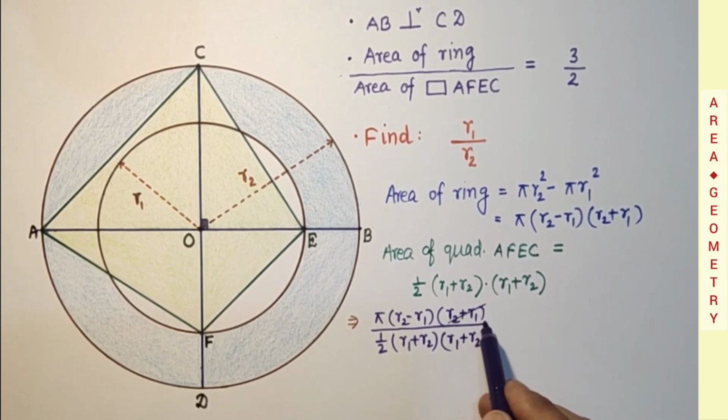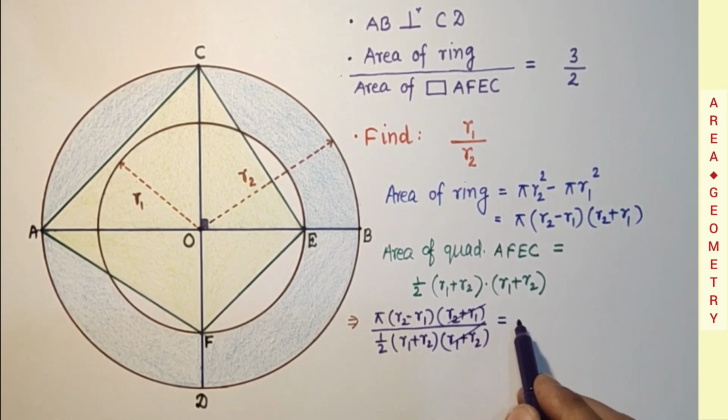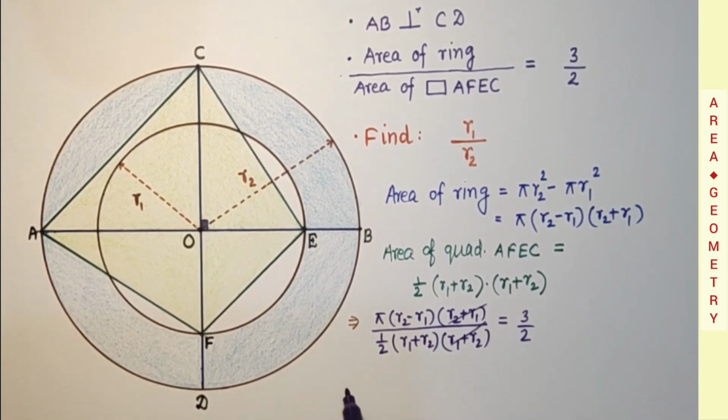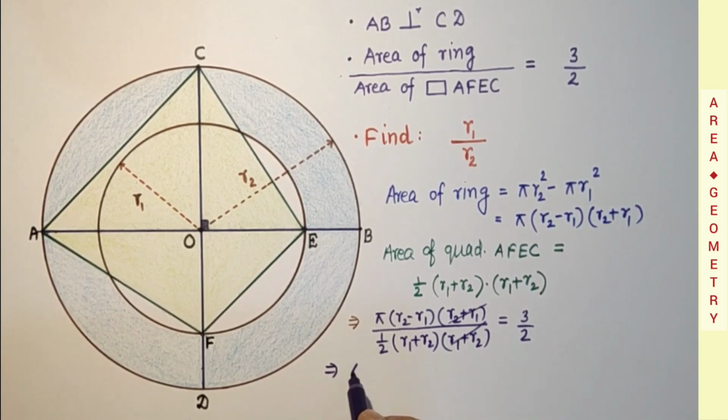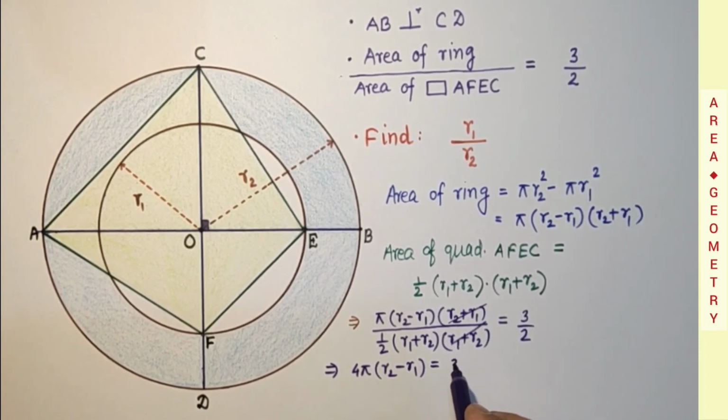These two will get cancelled and that is equal to 3/2, which is equal to, this 2 and this 2, 4 pi (R2 minus R1) is equal to 3 R1 plus 3 R2.